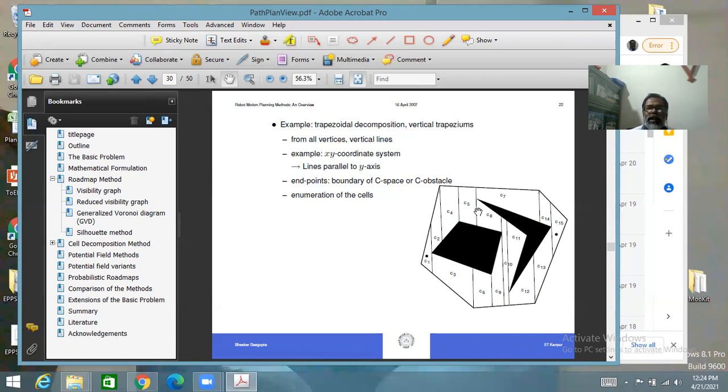So after enumerating, you need to work out the graph. These C1, C2, C3, C4, etc. will be the nodes of the graph. Okay, and the edges will be, for example, one edge will be C1, C2, because from C1 it is possible to go to C2 without crossing any other cell. They have a common boundary.